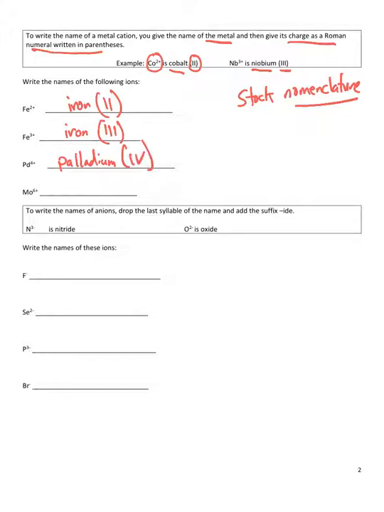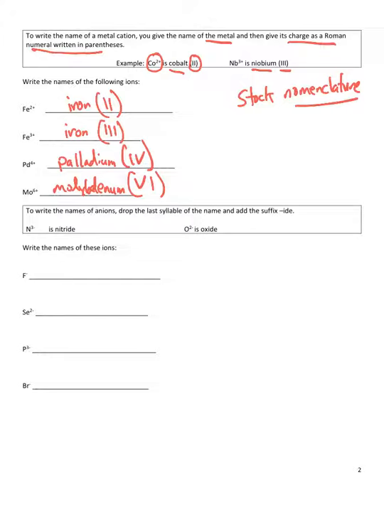And here it's got a +4 charge, so the 4 goes as a Roman numeral in parentheses. Molybdenum is Mo, and here it's got a Roman numeral of +6, meaning it's got a +6 charge. So that's how we write the name of cations when they have the possibility of more than one charge.